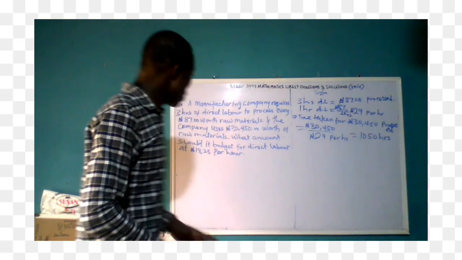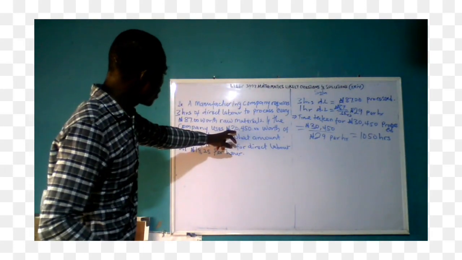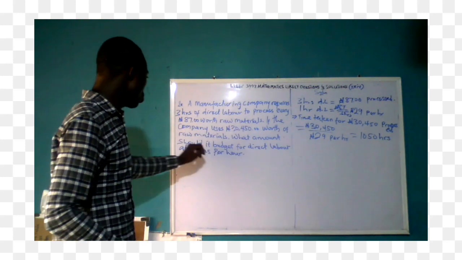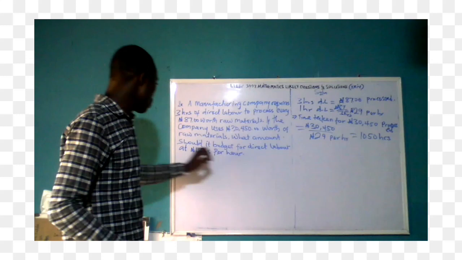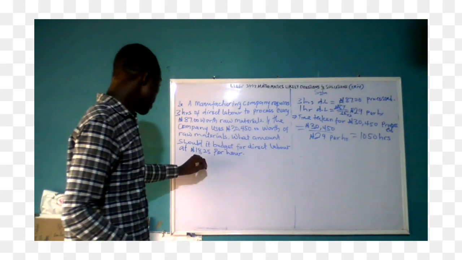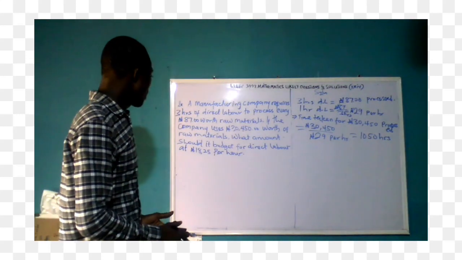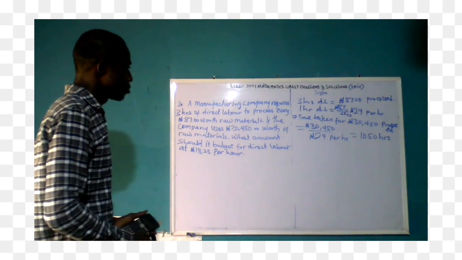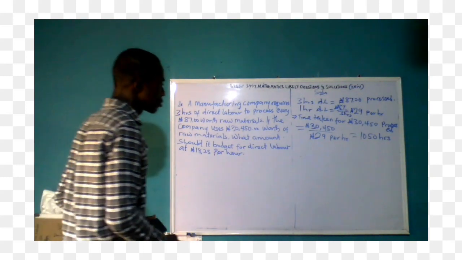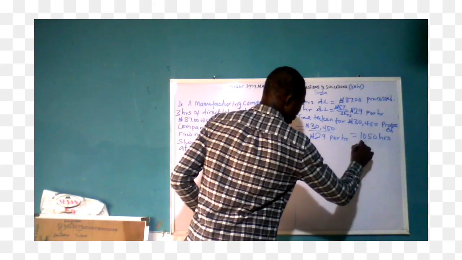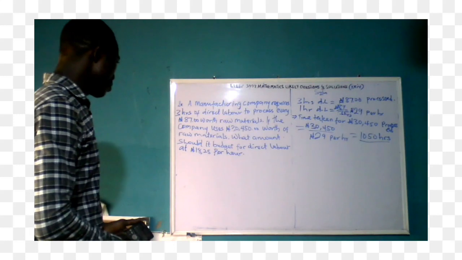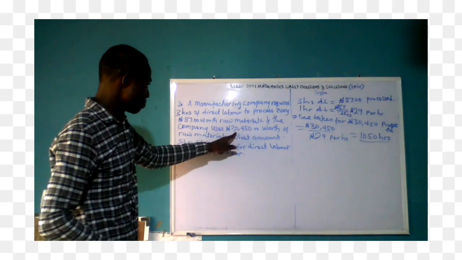Now the question is, if this is the raw material that they process, what amount should it budget for direct labor at 18 naira 25 kobo per hour? This is the time it will take them to process this.